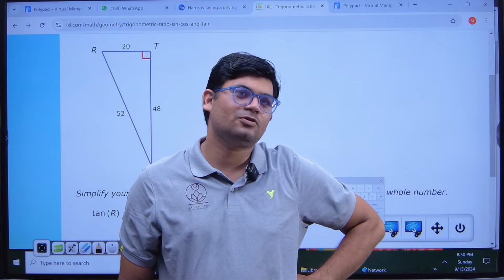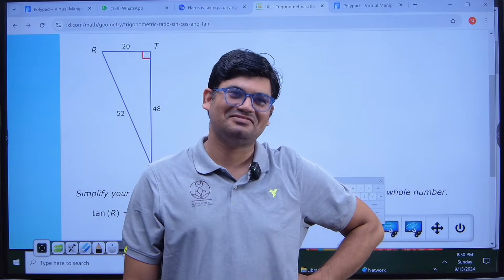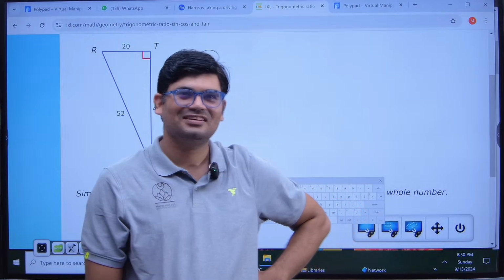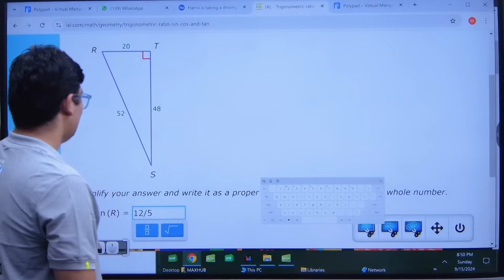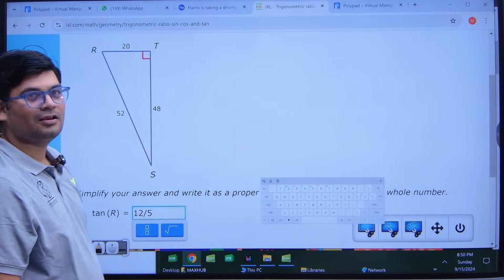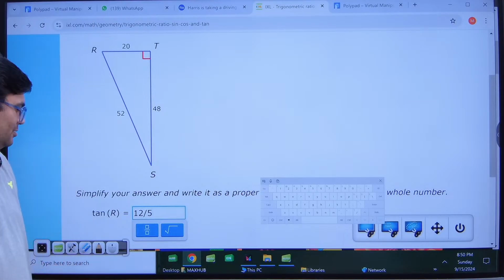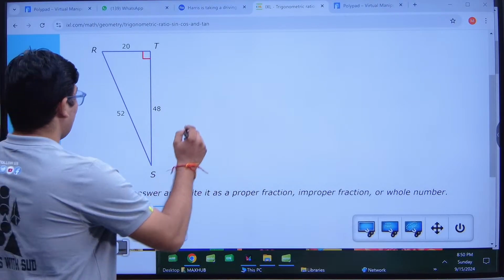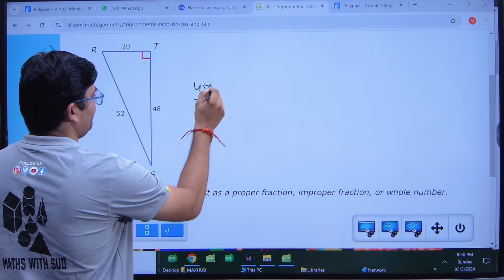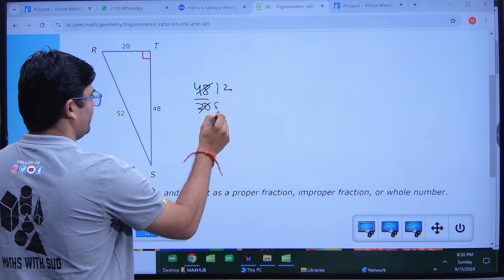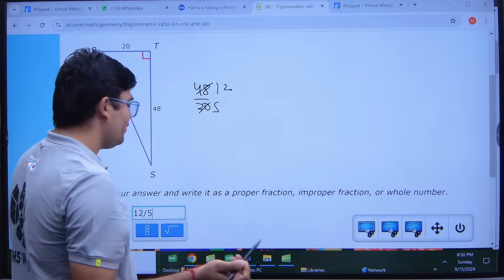Simplification means not writing in decimals. Is it then 12 over 5? I'll redo it. Because in our school we're provided calculators, so they only give us decimals. No, no, no. You have to write like this. See, 48 over 20. Both numbers can be divided by 4. So 4 into 12, 4 into 5. That's it. Oh, okay. 5 is a prime number.